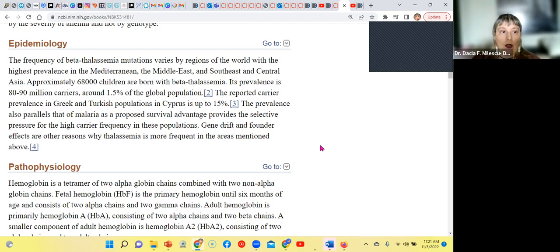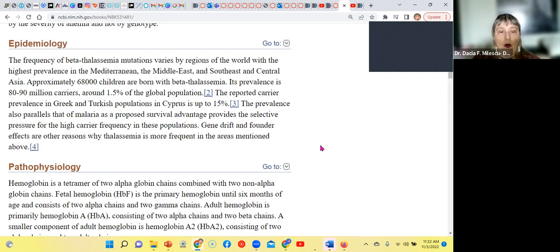Okay, so we have approximately 80 to 90 million carriers, and the most frequently found, probably because of immigration and lots of immigrants in America, we see plenty of people from Eastern Europe, Greek and Turkish origin.